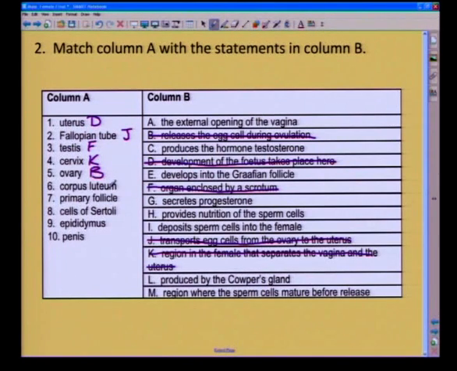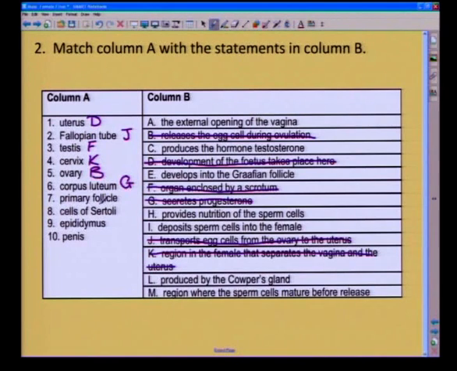The corpus luteum. Now, we haven't done the corpus luteum up to now, so you're not going to know it. It was none of these here, but just by looking, it's going to be the structure that releases progesterone. I'm going to tell you this because you would have battled, since we haven't done this section of work yet. Then we're looking at the primary follicle.